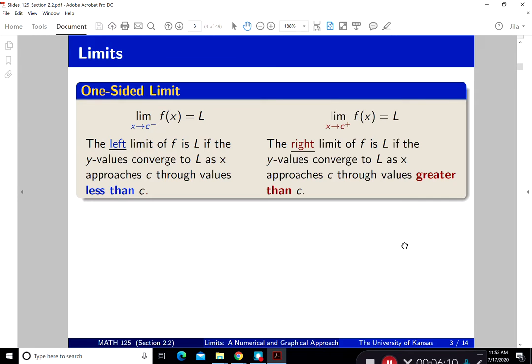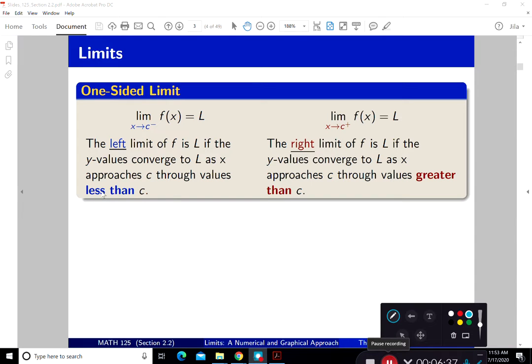What is the right limit? The right limit is again lim as x right arrow c with a plus on top, of f of x equals L, and that is the right limit of f is L if the y values converge to L as x approaches c through values greater than c.